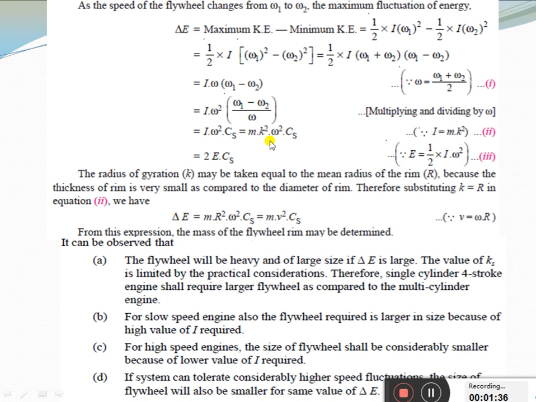So from the final derivation we get m k square omega square Cs, where Cs is the coefficient of fluctuation, and del E equals m r square omega square Cs. So that is the equation for del E.